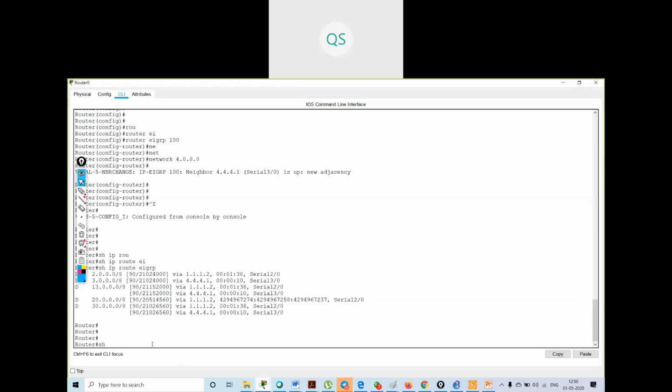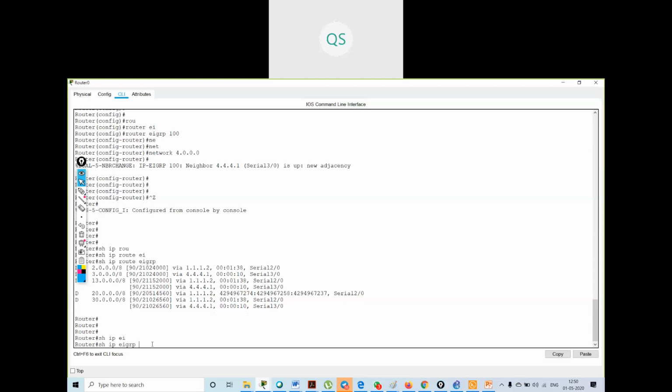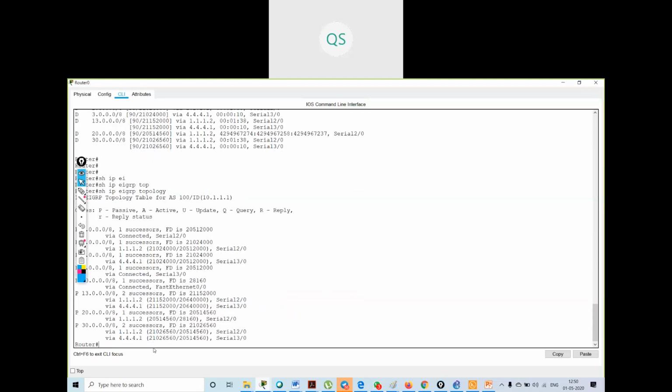I will run show ip eigrp topology. Once I see the topology table, you can see successor, successor. I am having two successors. Both are my best routes for the 13.0.0.0 network.